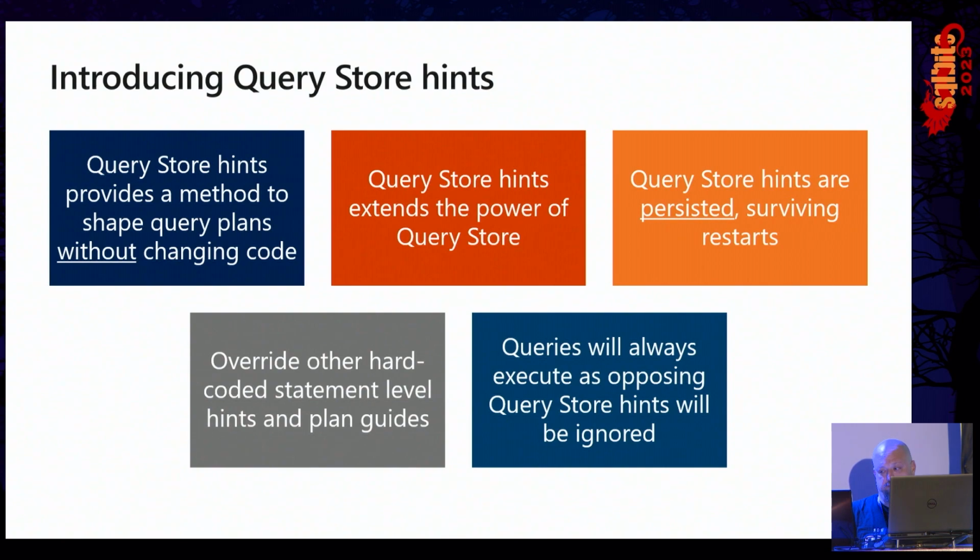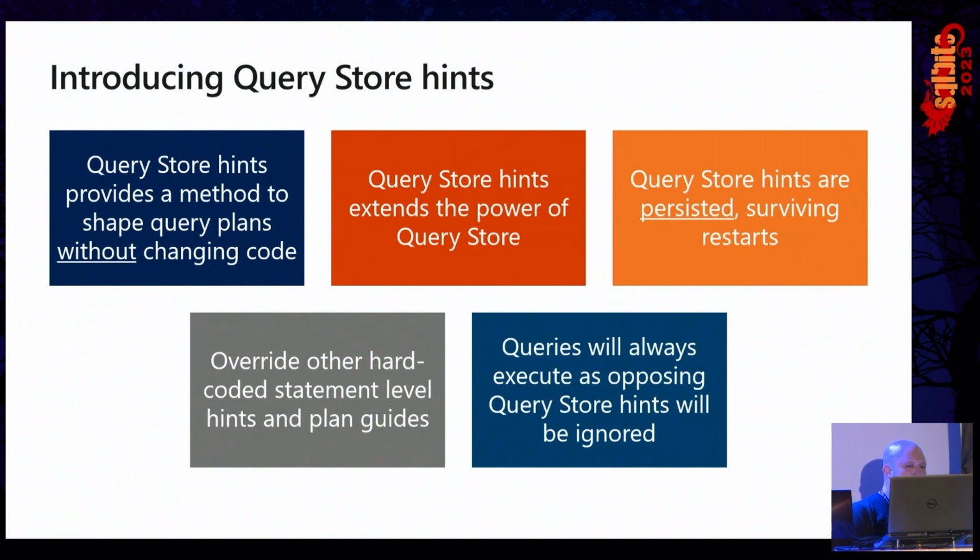It's a lot safer. It's a feature that extends query store. It means you do need query store, because that's your persistence, that query store black box recorder that's part of your database, that follows your database. That's what query store hints is leveraging. They are persisted, they will survive restarts, and query store hints are just way easier to use.